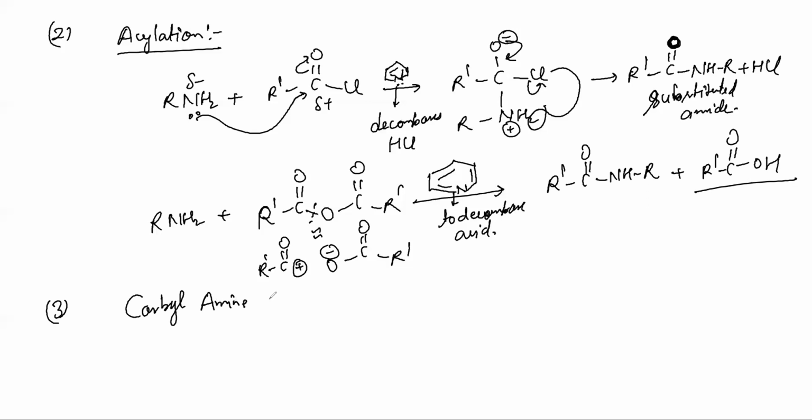Next, it is very important: the carbylamine reaction. I already taught you in alkyl halides. If you have a 1 degree amine, you treat it with chloroform in the presence of base.